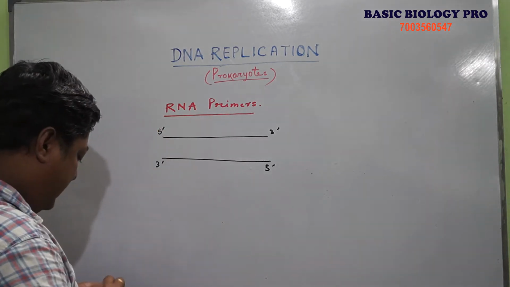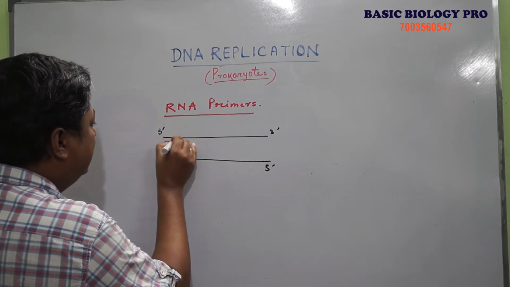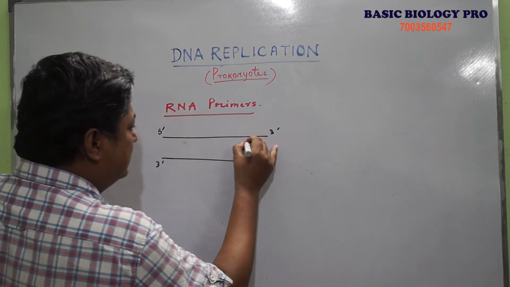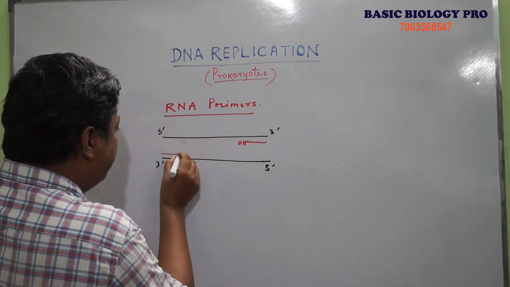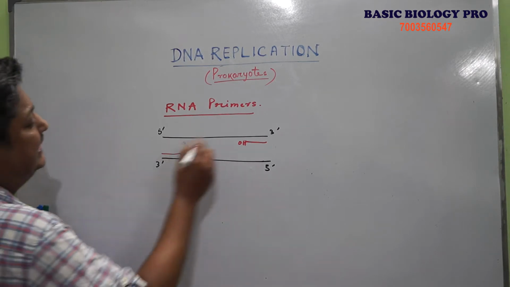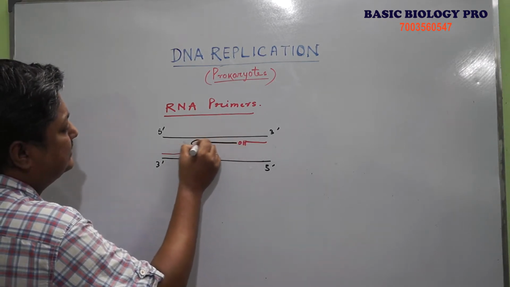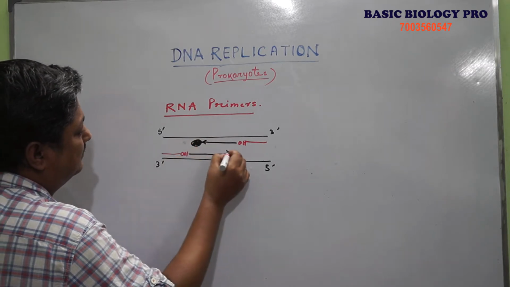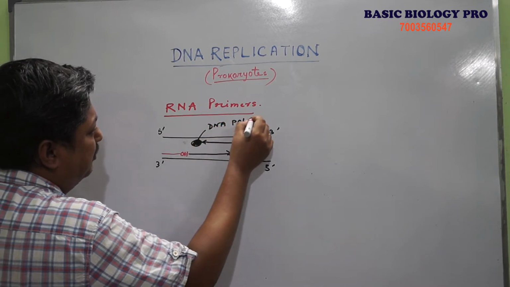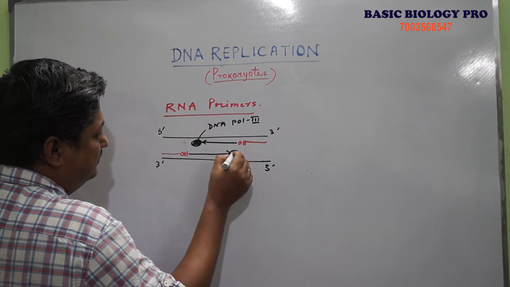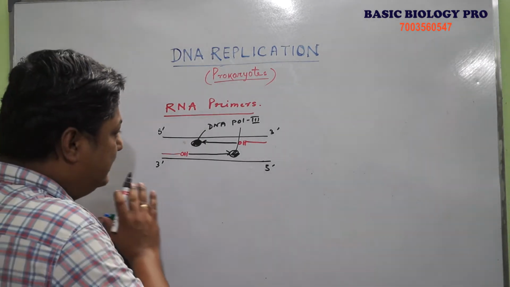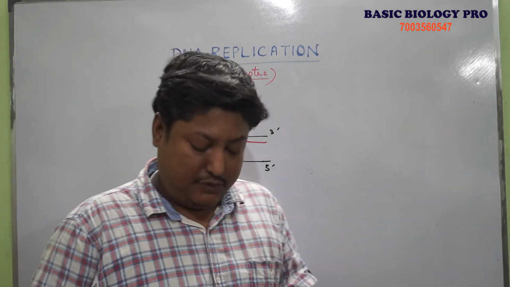Because this RNA primer provides a 3' hydroxyl group, and with the help of this 3' hydroxyl group, DNA polymerase is able to synthesize or extend the strand. This is called DNA pol, specifically DNA pol 3. So RNA primer is very important over here, otherwise no polymerization will take place during the replication process.